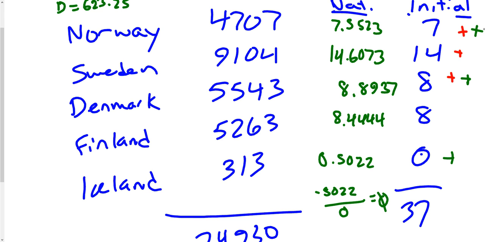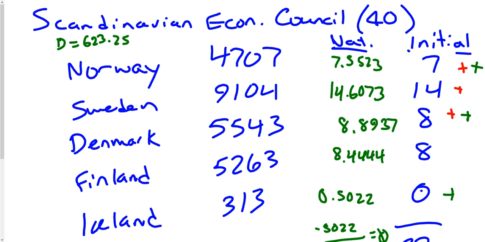And so that's a little bit of the understanding of Lowndes' method and how it is the same and different from Hamilton's method. Both methods are what we call quota methods, because they're based on adjusting quotas as need be.